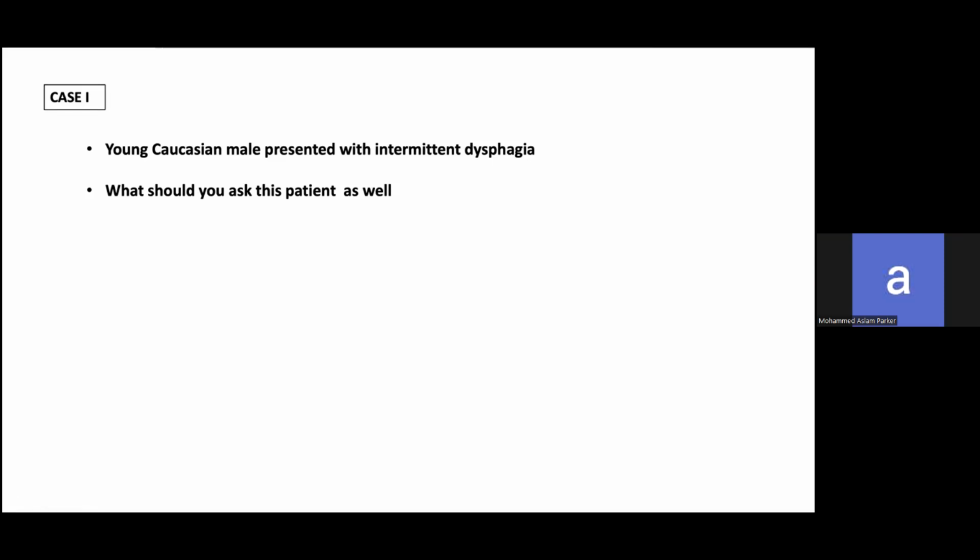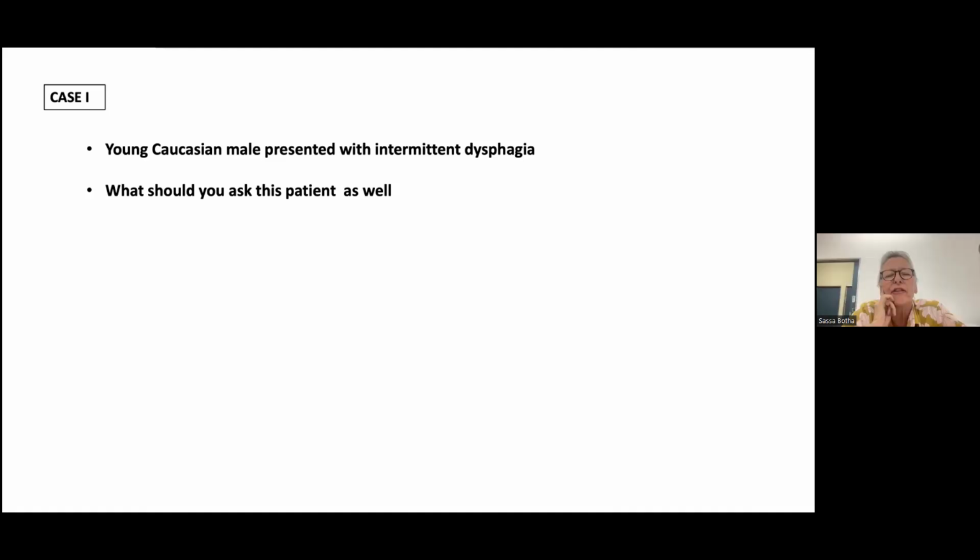And then also I'd like to ask him about allergies. Is it progressive? Rule out red flags as well. But I'm not thinking about malignancy as a cause as much because he's a young male.